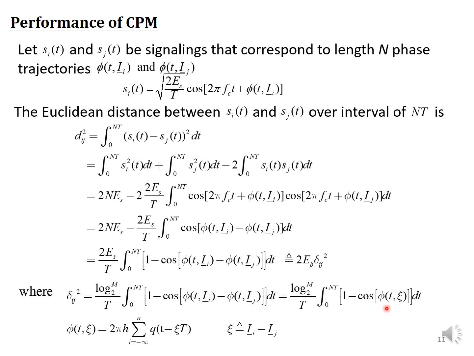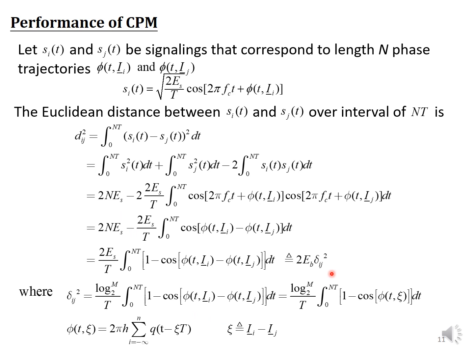And here phi epsilon, this is just rewriting and re-expressing the distance, and epsilon represents the accumulated difference of the sequence I and the sequence J, which gives the overall phase difference.